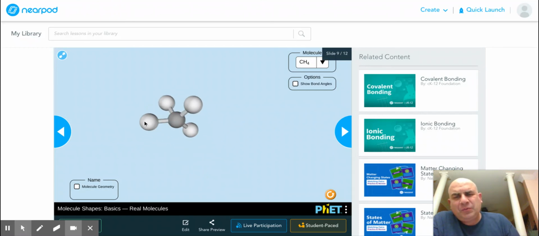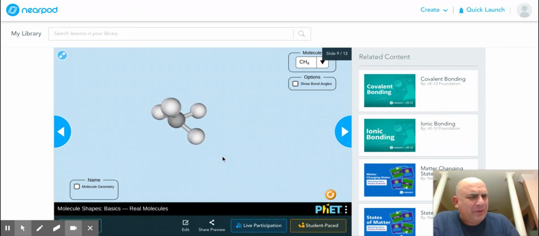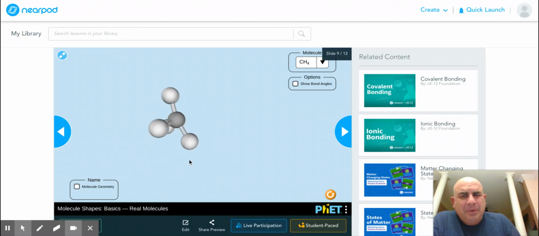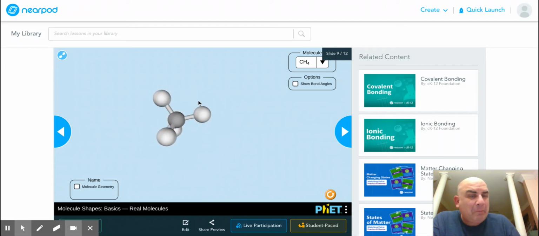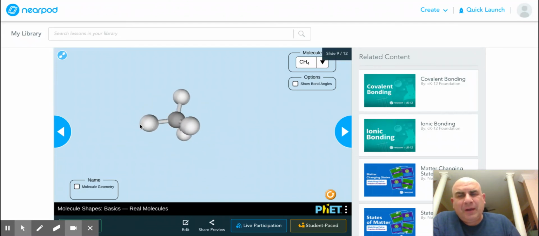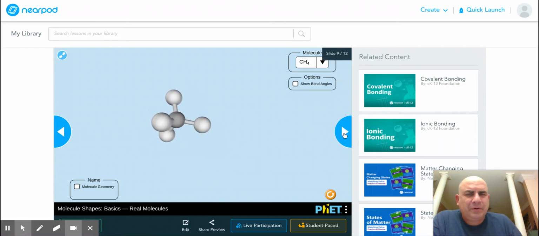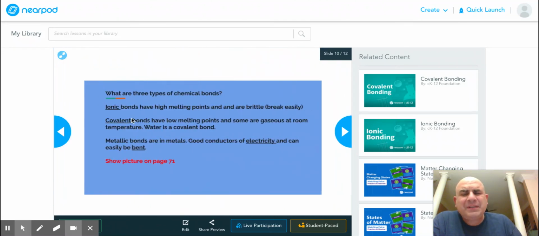And if you watch, they all kind of keep their distance. And the carbon, CH4, I really don't know what substance that is, but look at that. They just stay together. And they move around and they help each other out. The hydrogens and the carbons share. This would be a covalent bond, I believe. So whatever this is, it's either a gas or a liquid at room temperature, or what we, 70 degrees or between 0 and 100. So 3 types of chemical bonds.